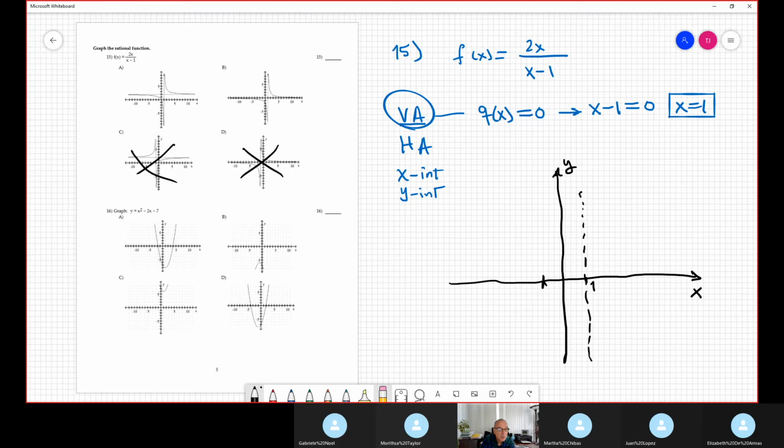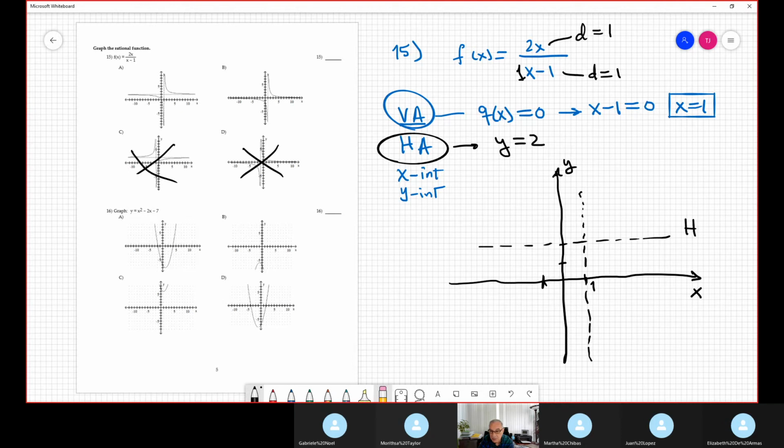So we need to select between A and B. Let's go to the horizontal asymptote. It's the same analysis of the degree. The degree is 1, linear, and the degree is 1 also. When this situation happens, we use the leading coefficients, 1 over 1. So y equal to 1 is the horizontal asymptote.